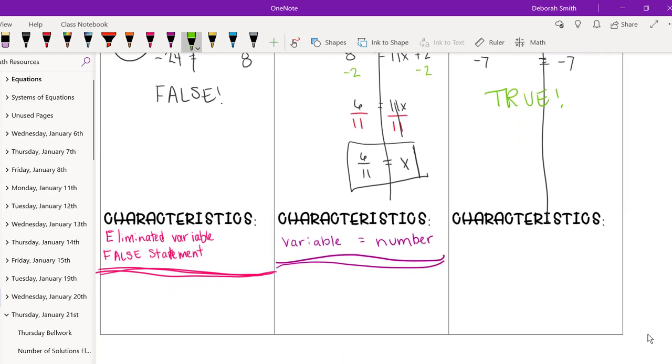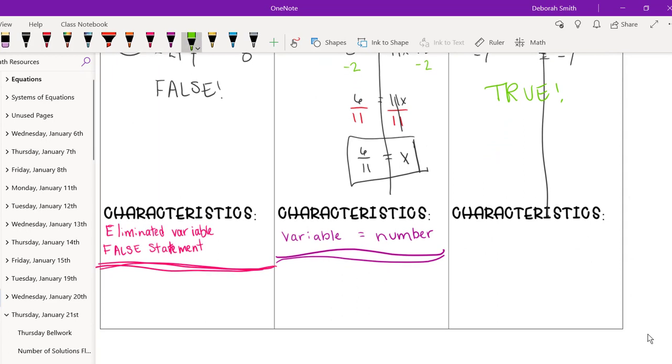So down here, some characteristics. We've eliminated all of the variables, but this time instead of a false statement, we ended up with a true statement. Something that will always be true.